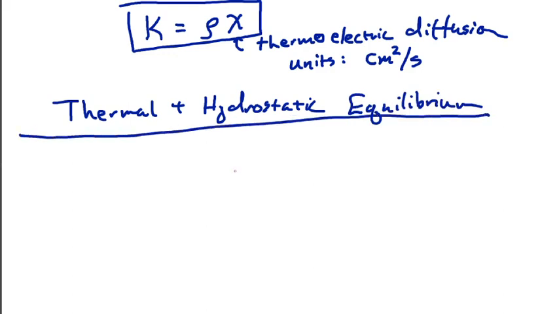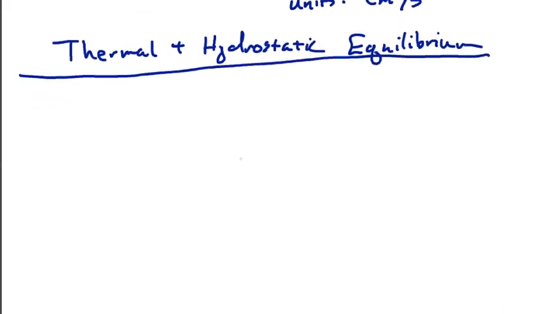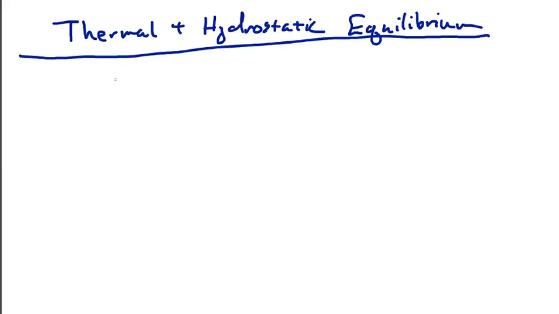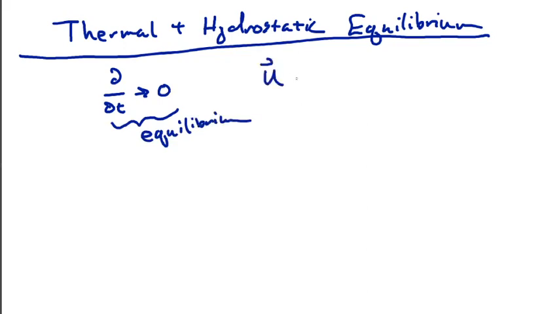What we're going to look for here are solutions where d by dt goes to 0. That's the equilibrium bit. And we're also going to consider hydrostatic solutions, so ones where there's no motion.